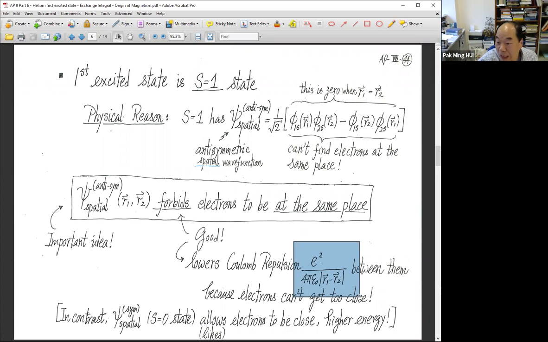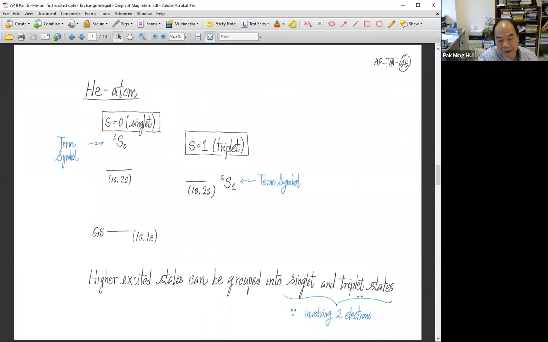When R1 equals R2 it will be very big, right? Close to it, but it is positive, okay? So here we have a way to understand what this symmetric, antisymmetric space part is doing, okay? It automatically avoids the two electrons being too close to each other, okay?